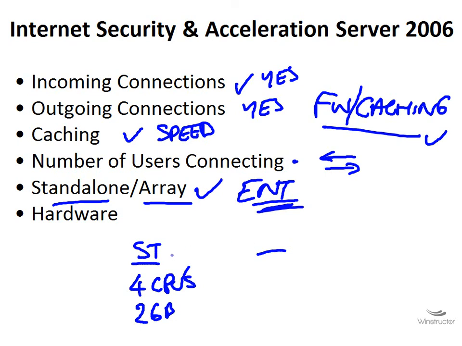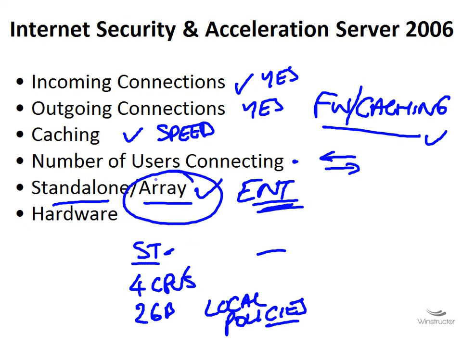Now finally, our standard edition here of ISA server obviously is only limited to creating local policies. And because a standalone server can't be part of an array, if you do have multiple ISA servers, then you'll need to manage each one of them, each standalone ISA server, independently, and you'll need to configure and manage them separately.